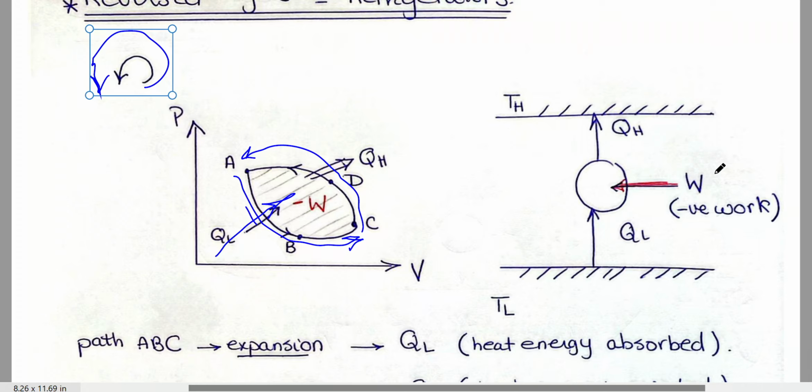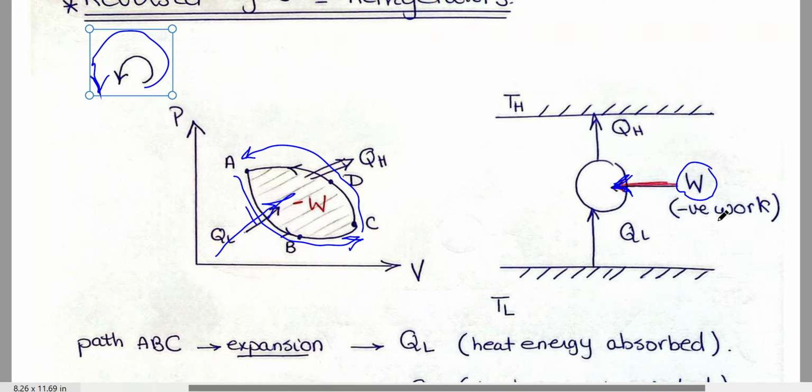Now the refrigerator needs work to run. So you have a compressor running the refrigerator. So you are giving work. Take care, this is the arrow. You are giving work to the refrigerator.